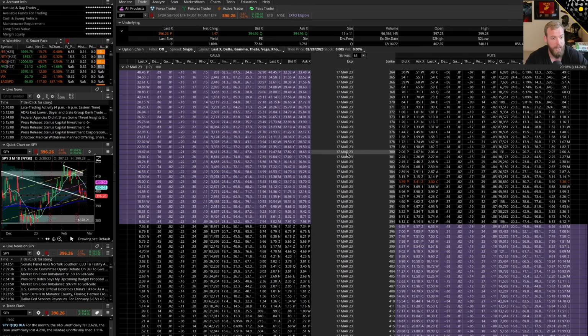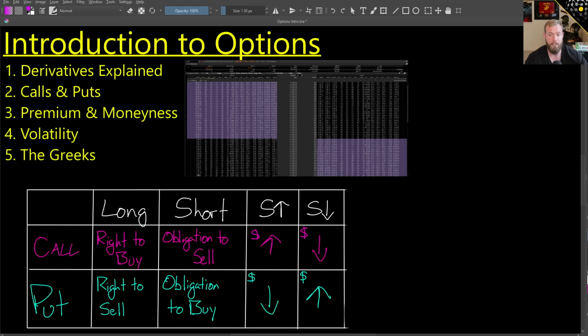Who wouldn't buy a 380 call and then exercise your option, meaning utilize your right to buy it at the strike price of 380, and then just sell it at 396? We'll get into more detail on how they actually work, but in short, that's how something like a long call will make money: if you buy a call and then the underlying appreciates in value, it's a good thing.